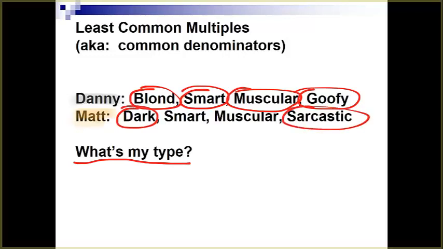So you're basically looking for all of these things, because we already have the smart, so we don't have to count him again. And we already have the muscular, so we don't have to count him again. So we're looking for these 6 properties. So we're looking for the common denominator in something. You're looking for all the parts that make up what that denominator should be.